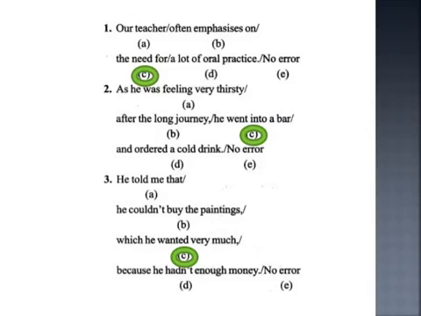Into will show motion. He jumped into the river. So wherever there is motion, then we should use into. So here the appropriate preposition will be in. He went in a bath. So in should be replaced with into.